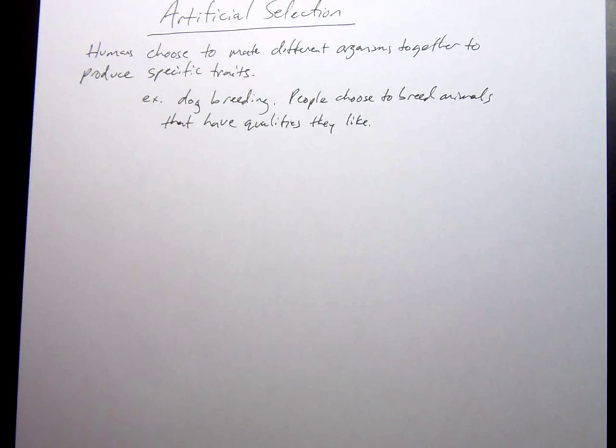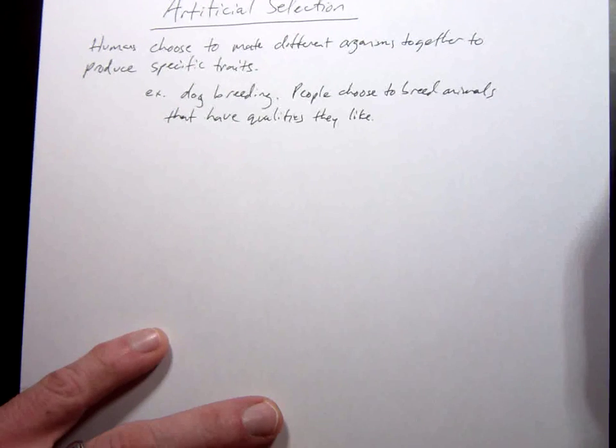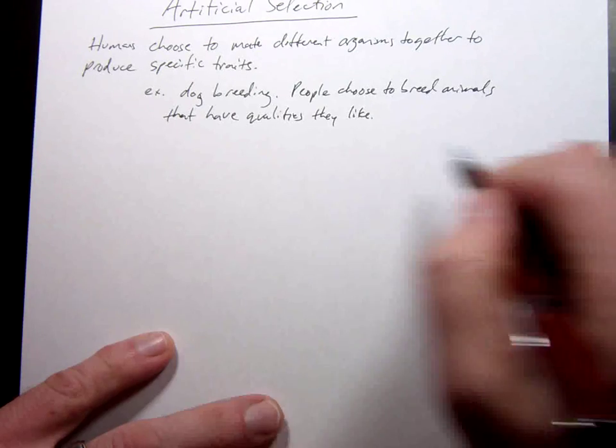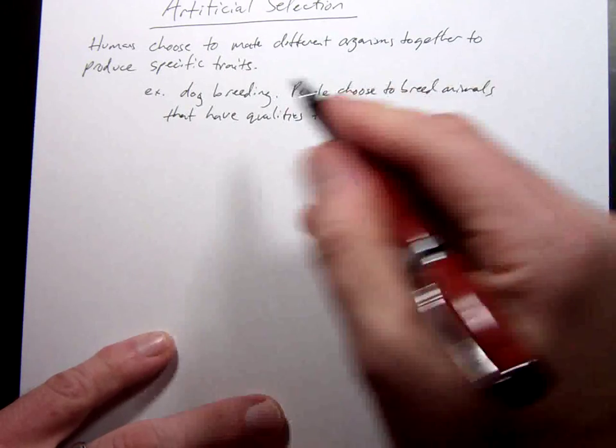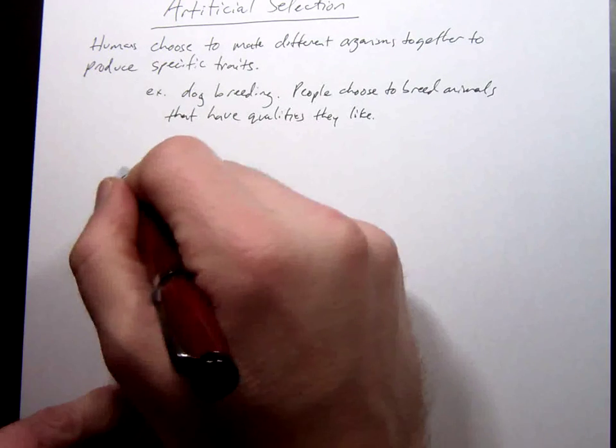They'll choose the eggs from this cow and the sperm from this bull and put them together and make whatever cows they want. So it's artificial selection because we choose. Humans are choosing, which is much, much different than natural selection.